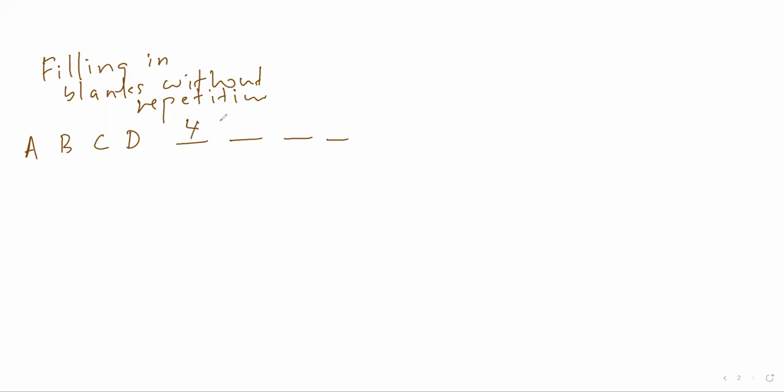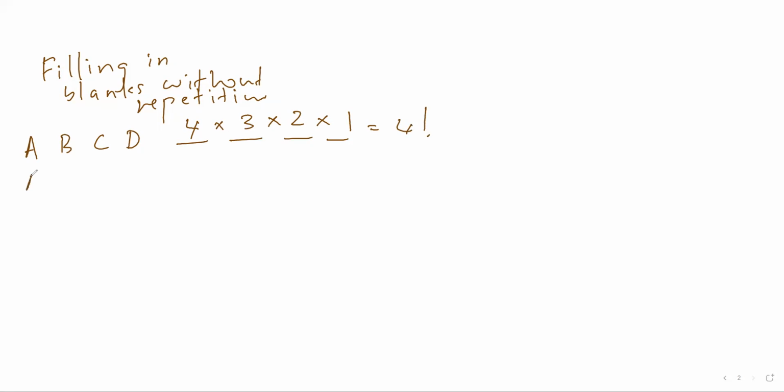The first one, you have 4 ways of filling, and then since you cannot repeat, this is more for choosing, and there are 3 ways of choosing, 2, and 1. Okay, so this is 4 factorial that they're talking about.